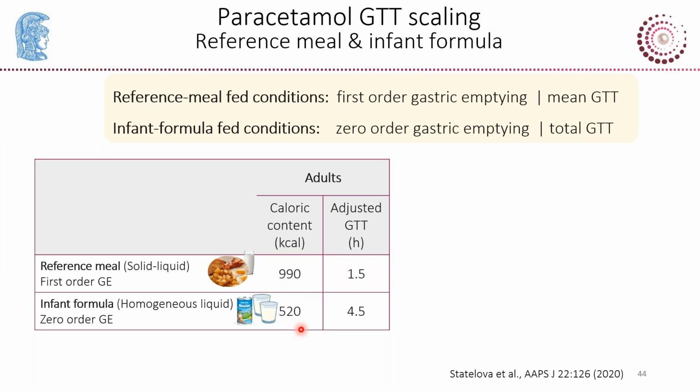The same was performed also for the infant formula, which had 520 kilocalories, and the adjusted gastric transit time from the model was 4.5.